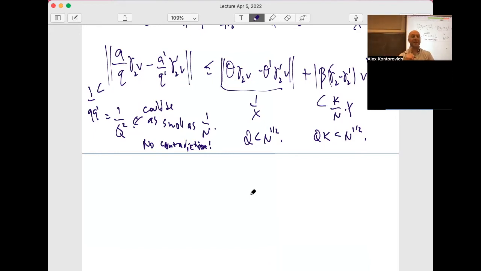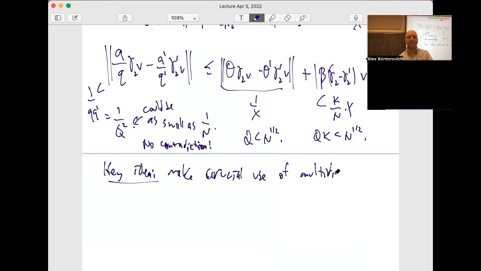Okay, so here's the key idea. The next key idea is to make crucial use of the multidimensionality of this setting. We've been treating these just like they're integers, but they're integer vectors. So let's write, I need another variable, z to be gamma applied to the vector.